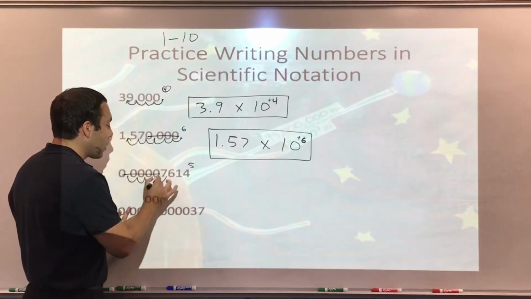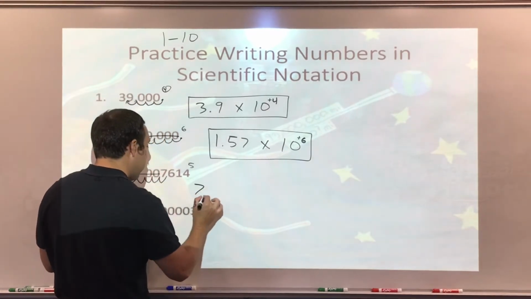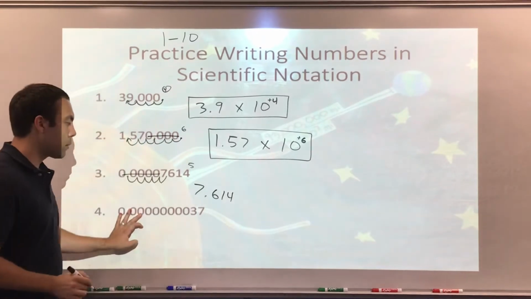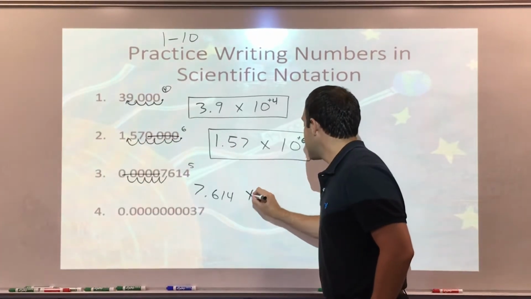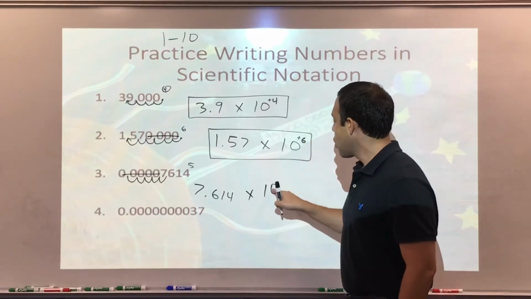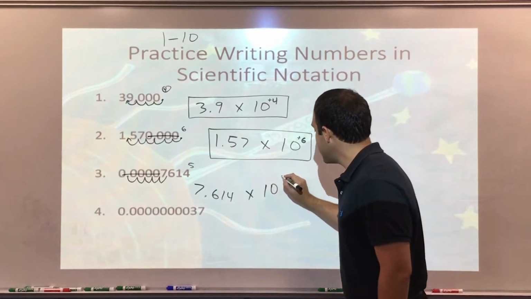Step 2, rewrite the number without all of the zeros. So 7.614. Step 3, write times 10. Raise the 10 to the number of times you move the decimal place, so times 10 to the 5th.